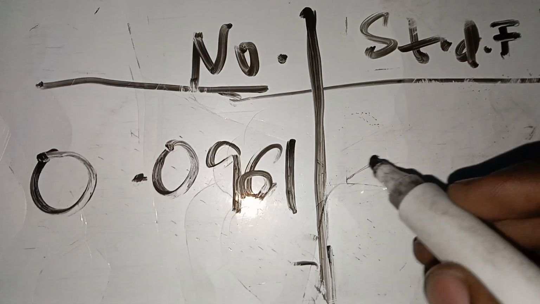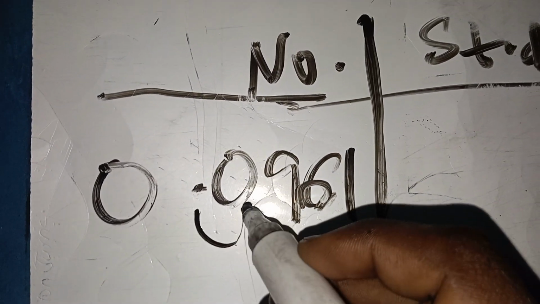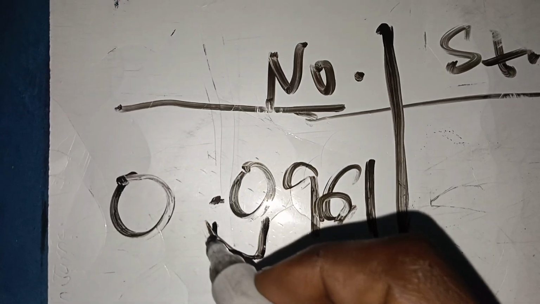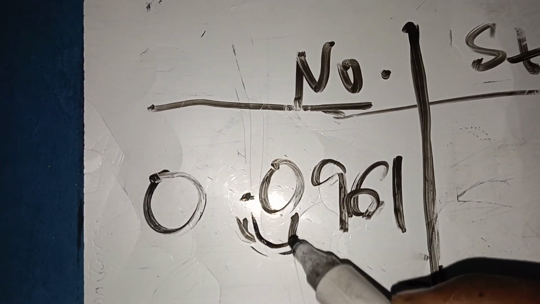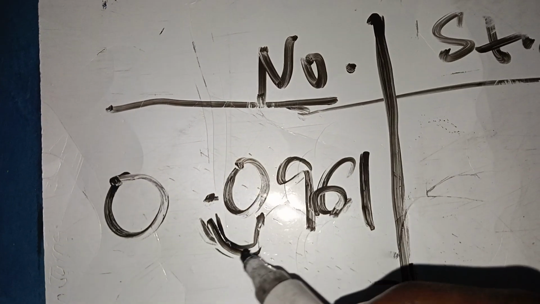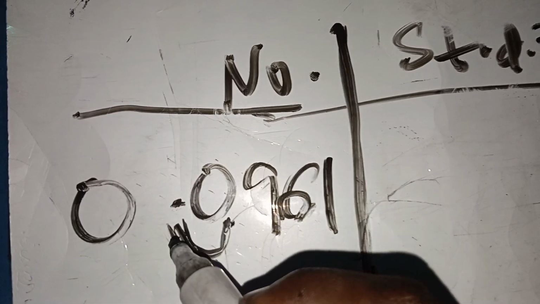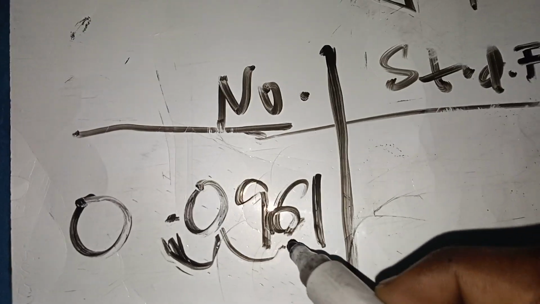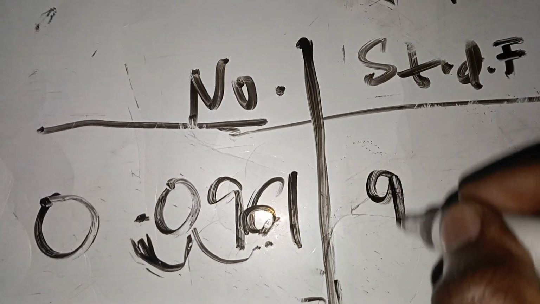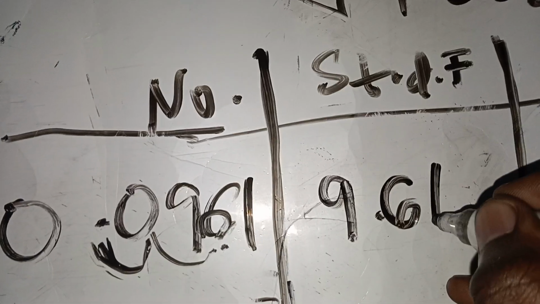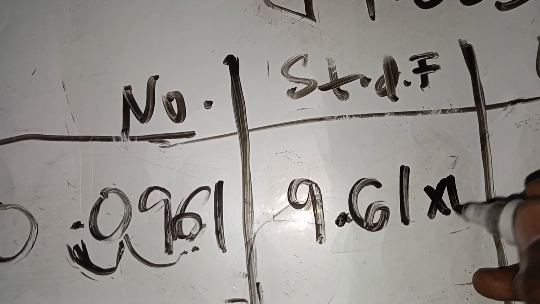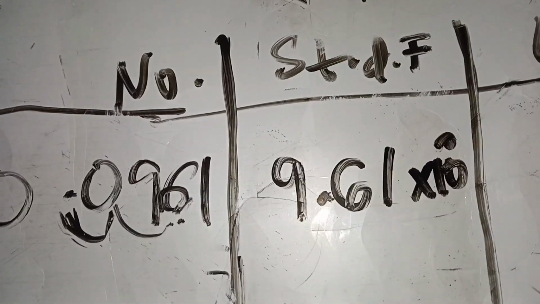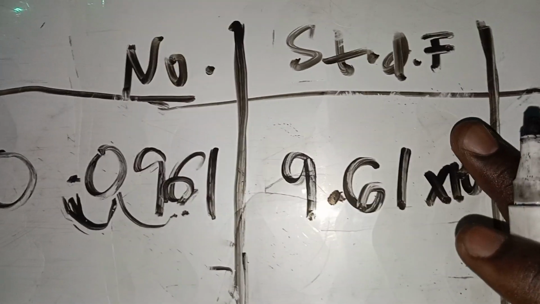And then we have here, I told you it should have one number which is not decimal, but it is more than 0. So we'll go 1, 2 here. So here will be 9.61 times 10 raised to 0. So not 0, sorry for that.